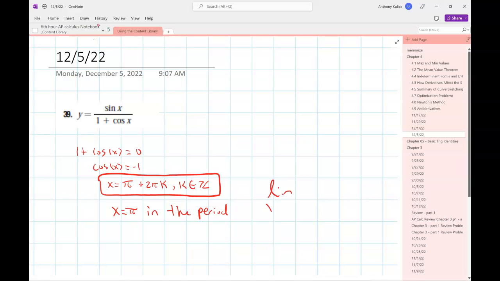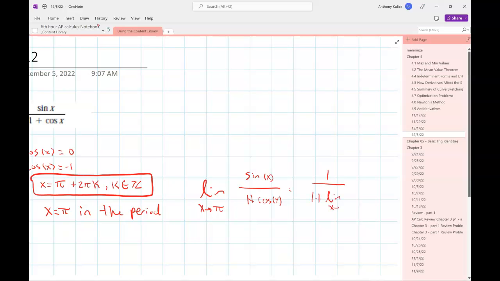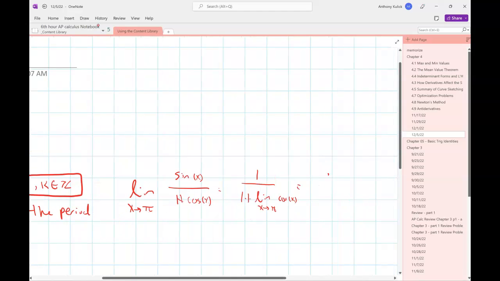Well, you'd say the limit as x approaches pi of sine x over 1 plus cosine x is going to be 1 over 1 plus the limit as x approaches pi of cosine x. It's like -1.